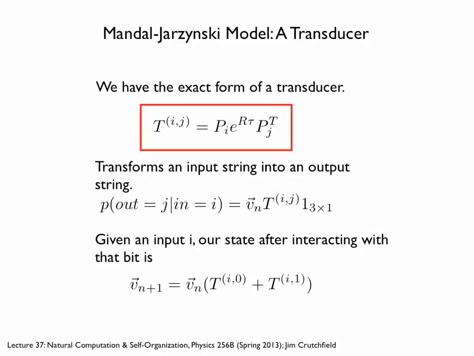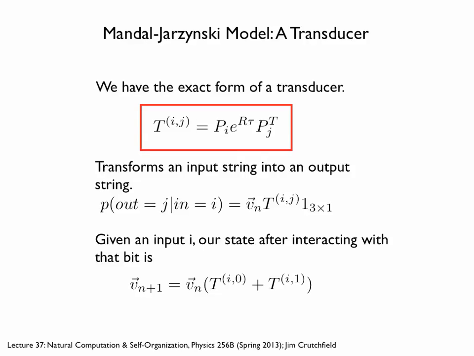So what this gives us is the exact form of a transducer. We have this set of transducer matrices where the input I, output J is given by Pi e to the r tau P J transpose. And this gives us the form of the probability of the output equals J given input equals I.